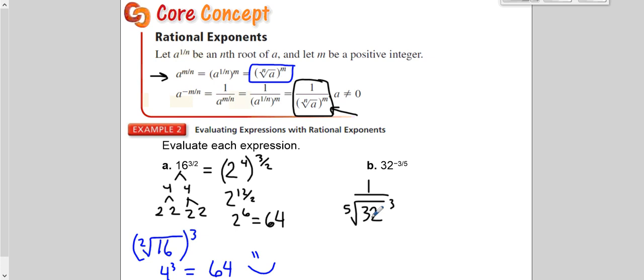So 32 is 2 times 2 times 2 times 2 times 2, it is 2 to the 5th power. So 2 to the 5th power to the 5th root. We're looking for sets of 5. So the 5th root of 2 to the 5th power is just 2. So we get 1 over 2 cubed, 1/8. 2 times 2 times 2 is 8. And there's our final answer.